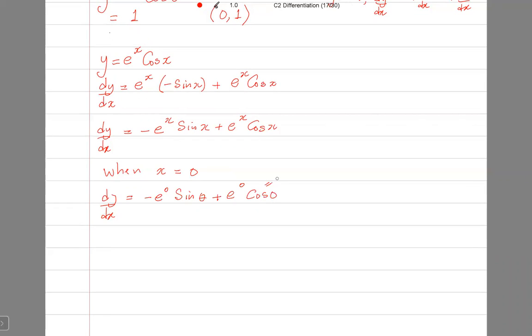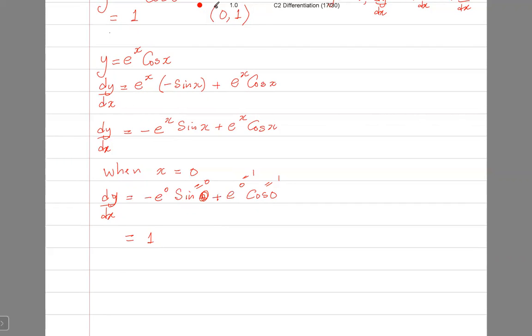The cosine of 0 is 1, e to the 0 is 1. The sine of 0 is 0. So the left part is going to come out to be 0. And dy by dx, when x is equal to 0, is equal to 1.